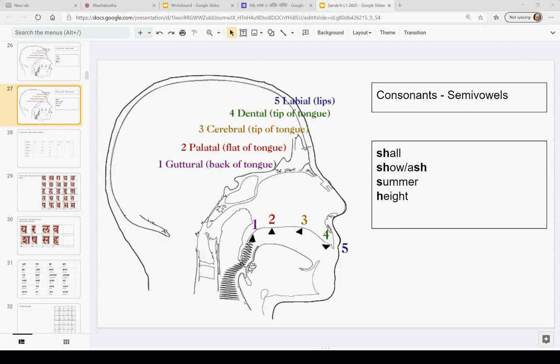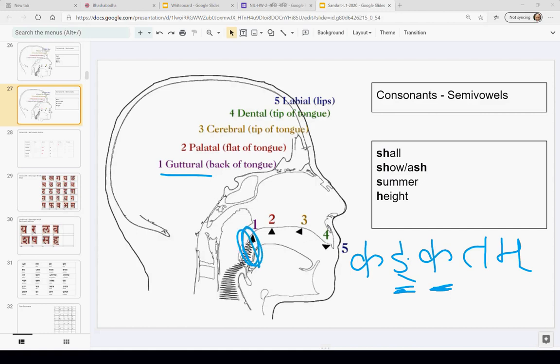So what is the order of the letters here, or the varana krama? We have ka, like this, right? After this letter there is a ka here, and this ka is guttural, or in Sanskritam it is called Kanthya.